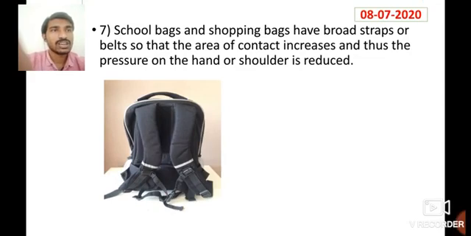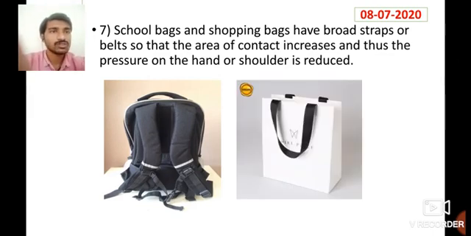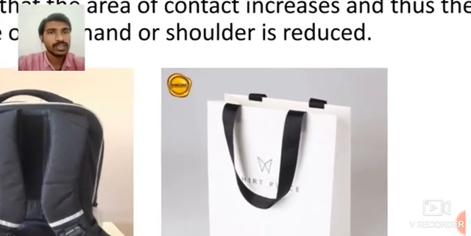Why does it have a very broad strap? So that the area of contact increases and thus the pressure on the hand or shoulder is reduced. Here you can see the larger area that comes into contact, so the pressure on the hand or shoulder is reduced.